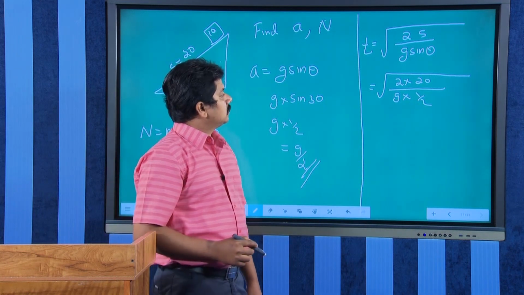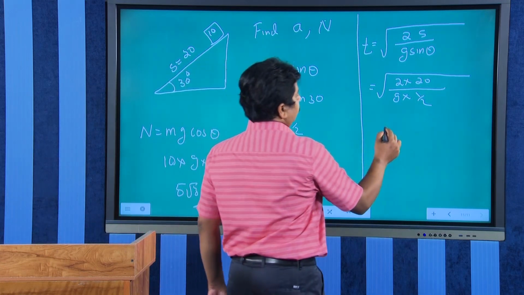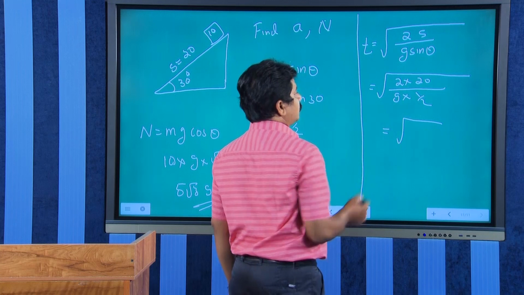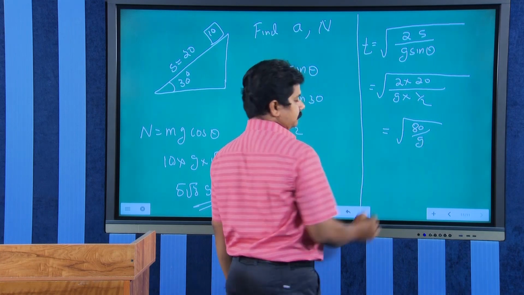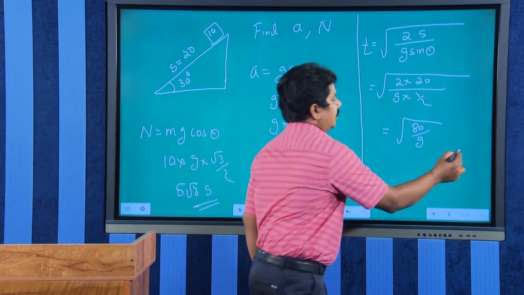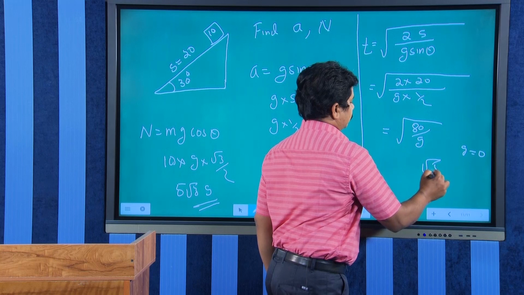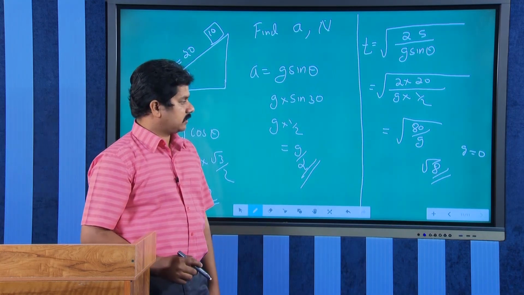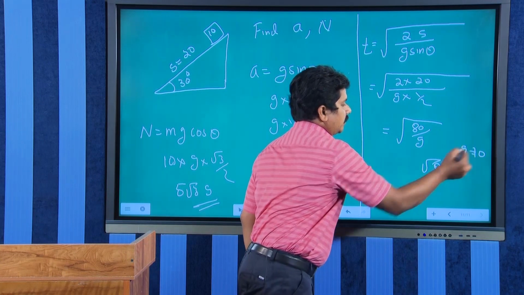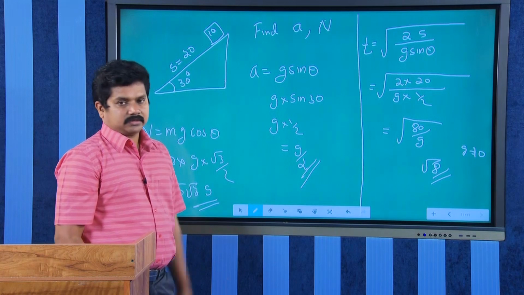So, 2 into 20 by g into 1 by 2, that is 80 by g. If you take g equal to 10, you will get root 8. So, this will be the time taken.